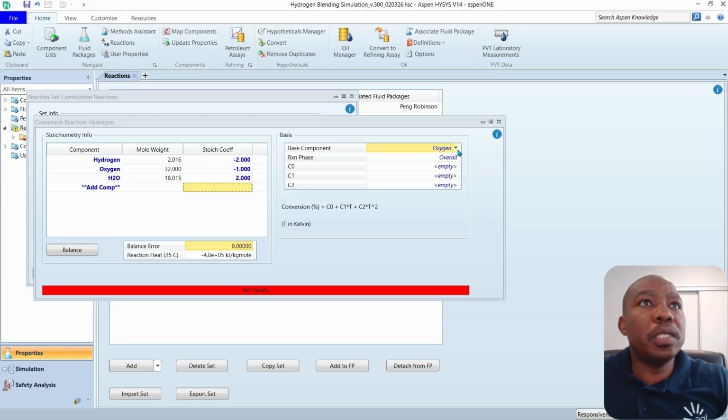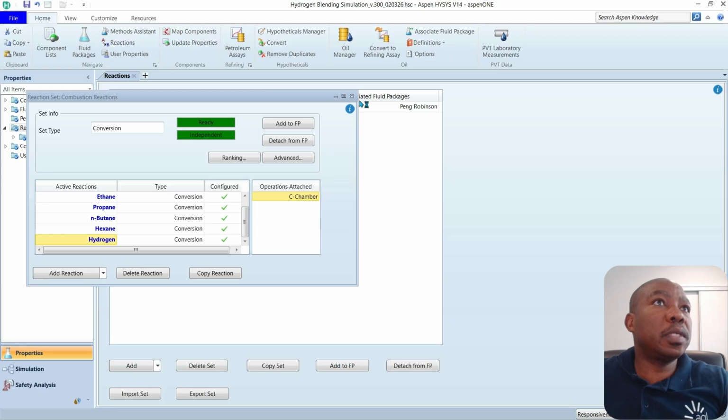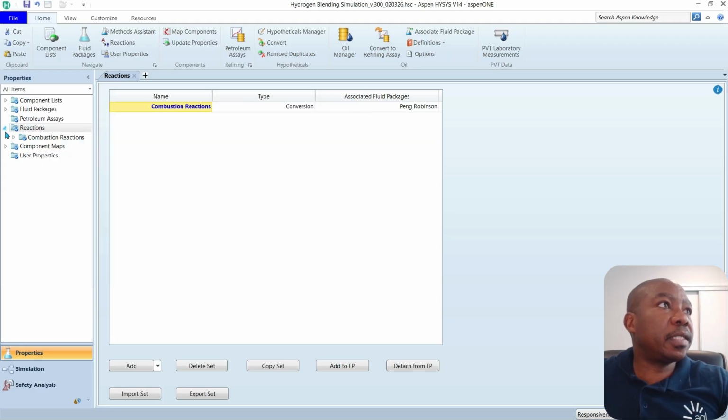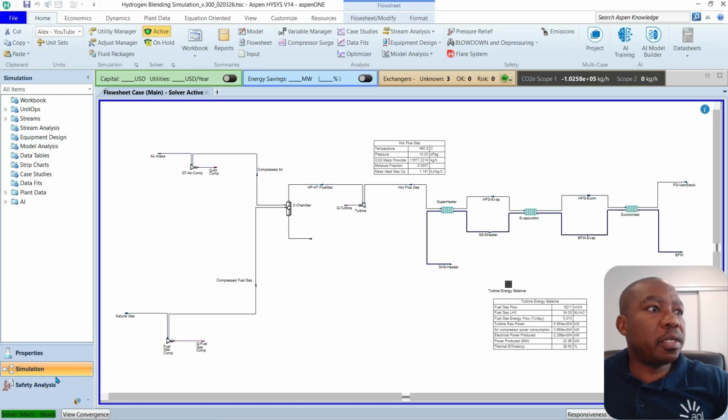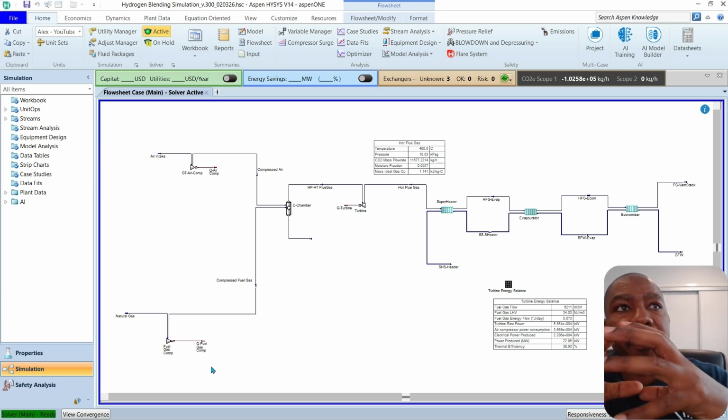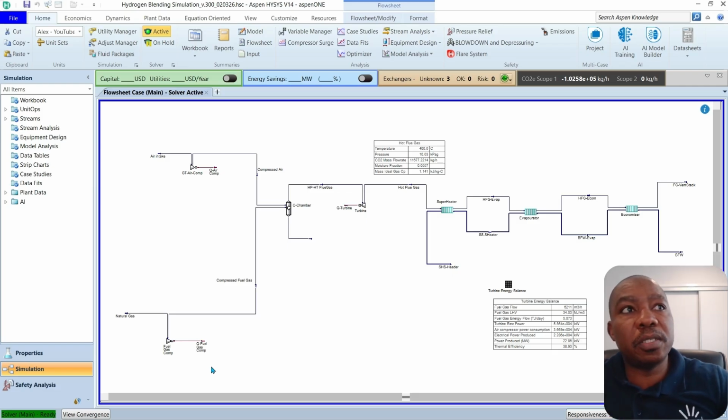And the base component in this case is hydrogen, and we're looking at the overall reaction, and we are converting 100% of it. Then that will give us fully specified combustion reactions. Then we can come back to the simulation environment. If we didn't do that step, HYSYS was just going to see hydrogen as an inert, so we wouldn't have captured all the thermodynamic properties of that reaction.